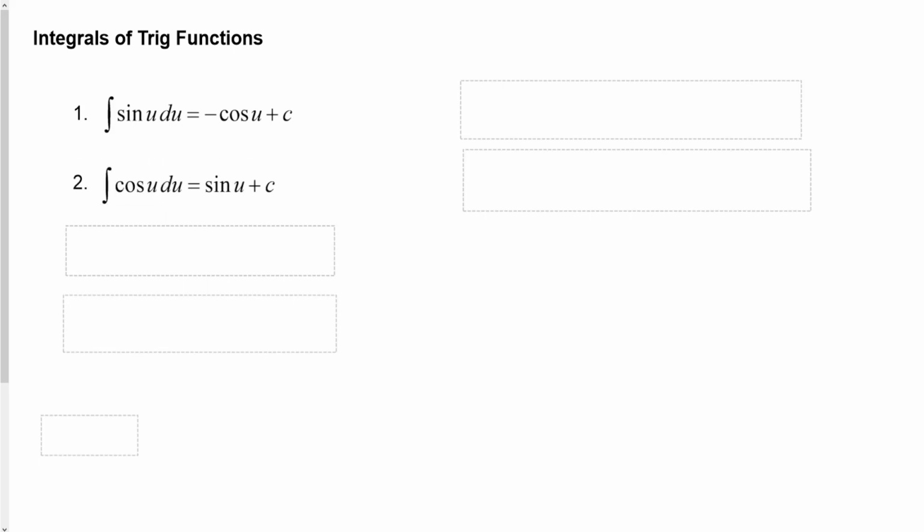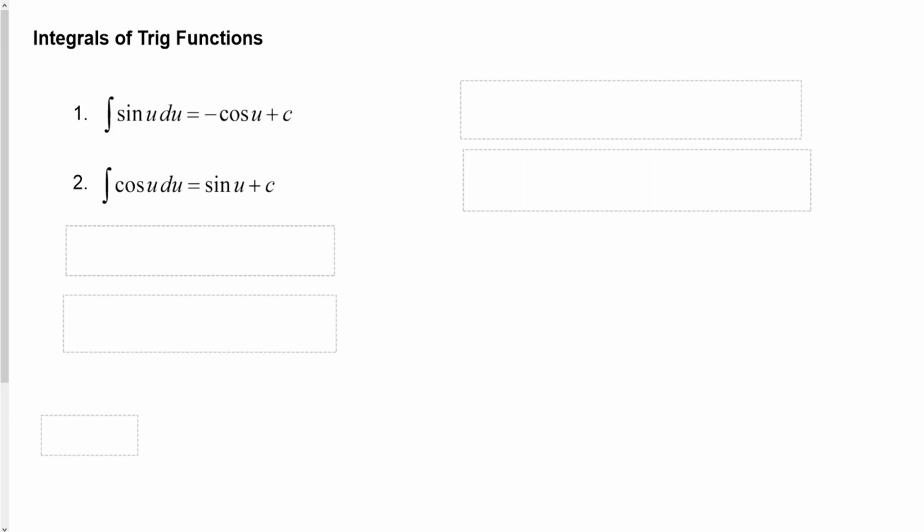Now we need to look at some trig functions. So we do know some integrals involving trig functions, but they were all based off of inverses of derivative rules. We'd like to get integrals involving all the trig functions. We know a couple. For instance, the integral of sine is negative cosine, and the integral of cosine is sine.